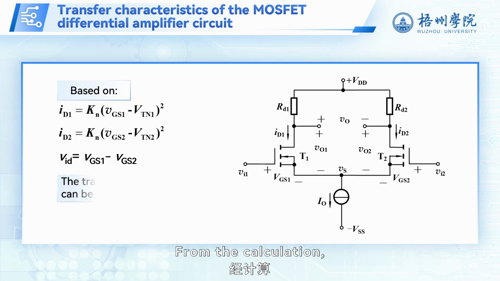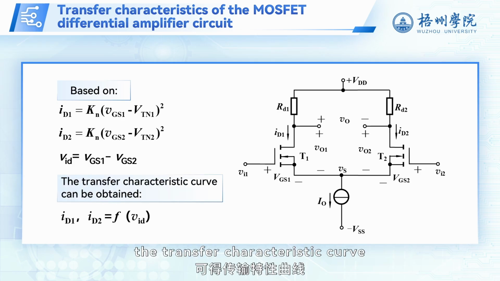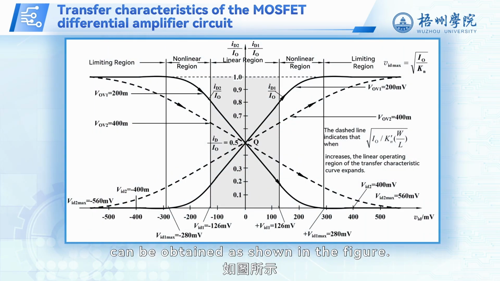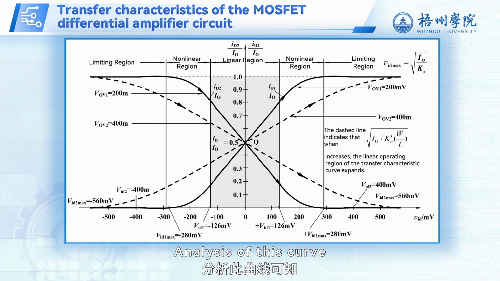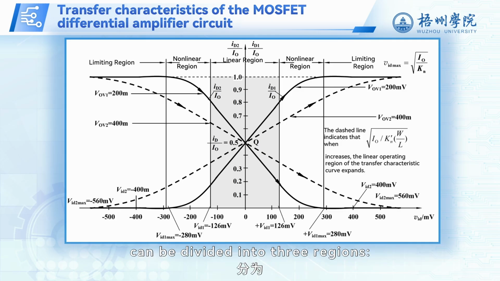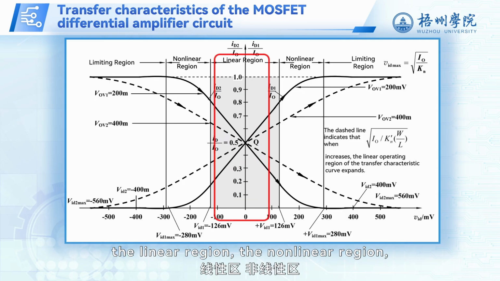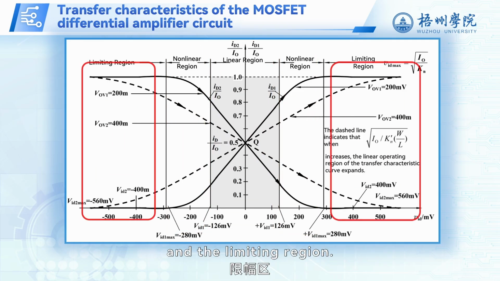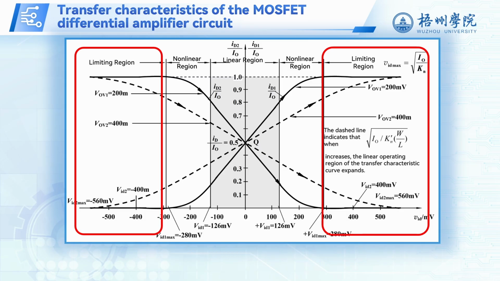From the calculation, the transfer characteristic curve can be obtained as shown in the figure. Analysis of this curve shows that the voltage transfer characteristic can be divided into three regions: the linear region, the nonlinear region, and the limiting region.